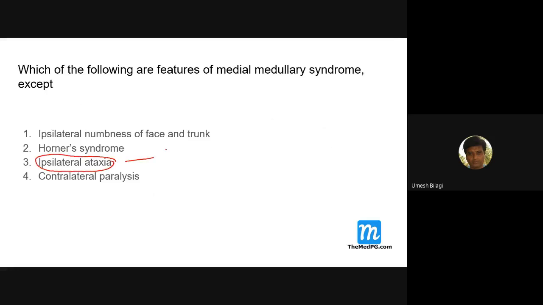That is because neither cerebellum is involved nor your eighth nerve is involved. Both of them are not involved. You won't get ataxia, nor even Horner syndrome, which is a manifestation of sympathetic nerve involvement. Neither is involved. So these two things are not features of medial medullary syndrome.